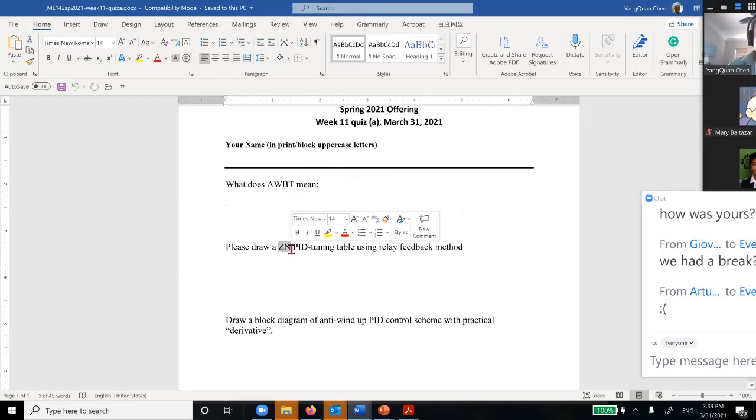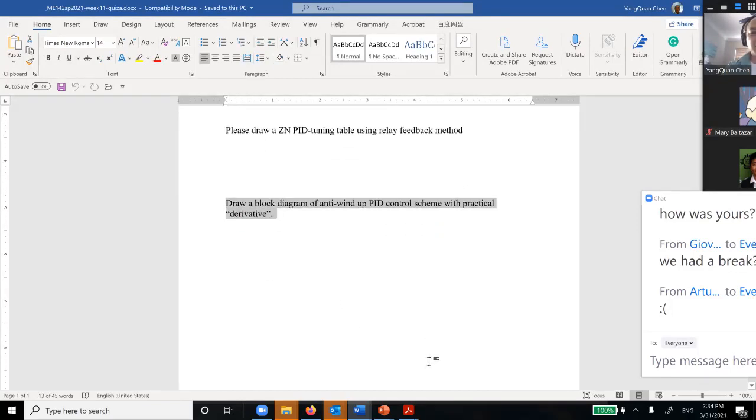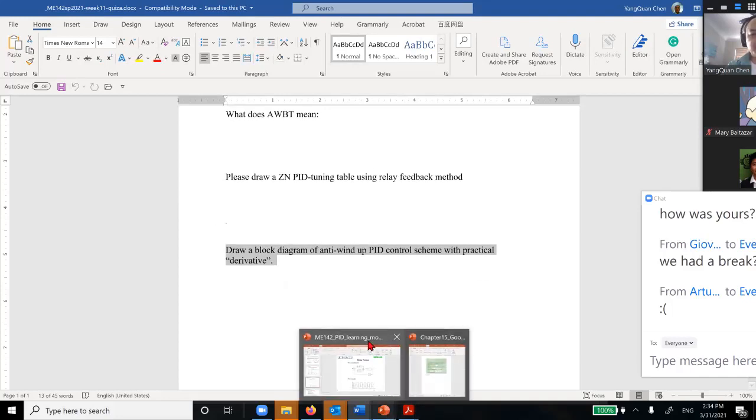ZN stands for Ziegler and Nichols, okay? Then after that, I hope you draw a block diagram of an anti-wind up PID control scheme with a practical derivative. Okay, we are going to review all of them today before we move on.